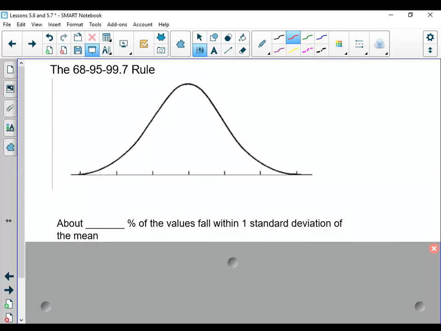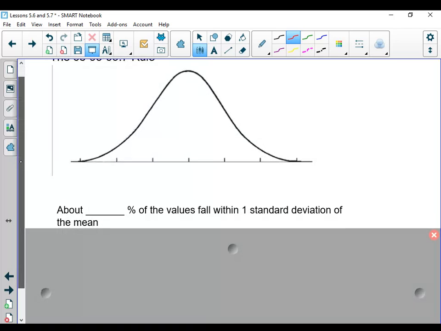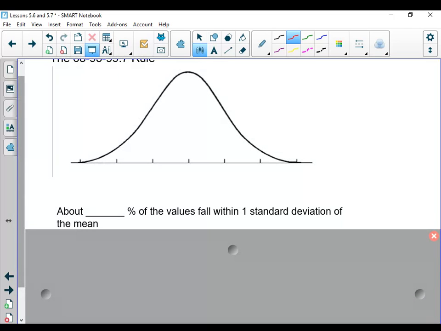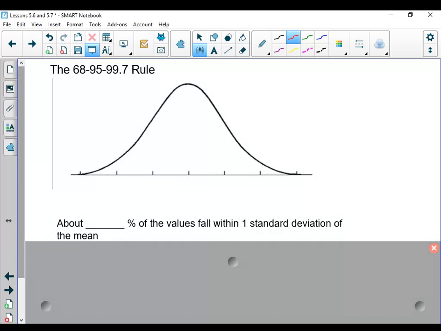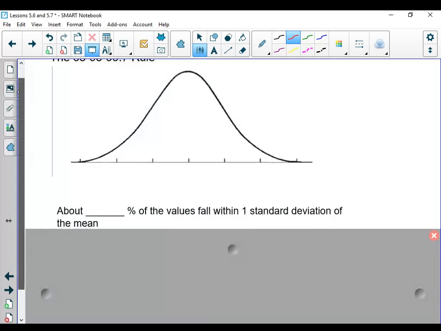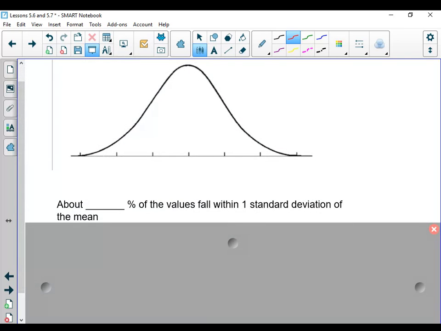And that sounds pretty fancy, but what that means is, first of all, the 68 part tells me that about 68% of the values that I'm looking at will fall within one standard deviation of the mean.